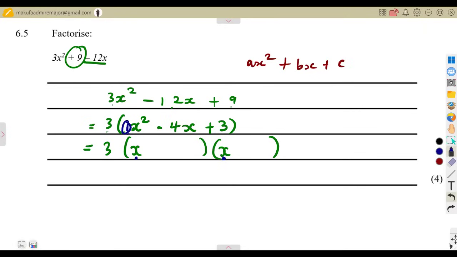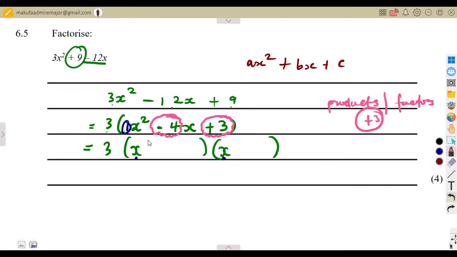So what do you do now? You are going to concentrate on this constant, which is the plus 3. So what you're going to do is to find the products or the factors. These are the products or the factors of what? A plus 3. The products or the factors of a plus 3 must add up to this minus 4.